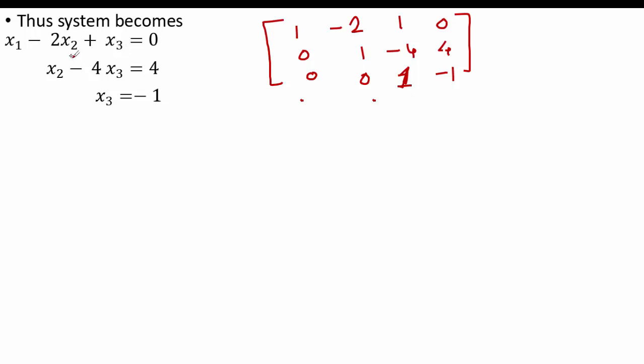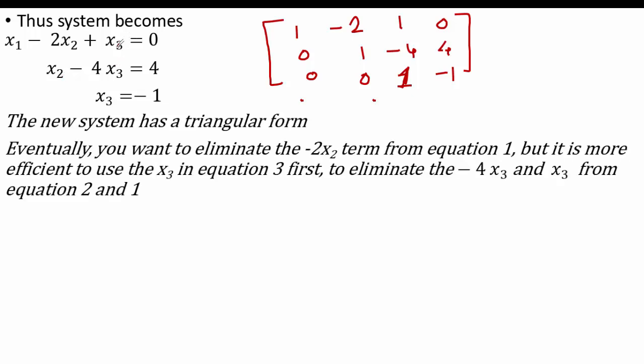To eliminate x2 from the first equation, we have to use the second equation, but before that, if you try to eliminate x3, it will get easily eliminated, and then eliminate x2. For that, for eliminating x3 from equation 1, see this is equation 1, this is second, and this is third.